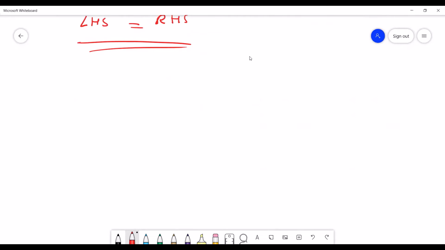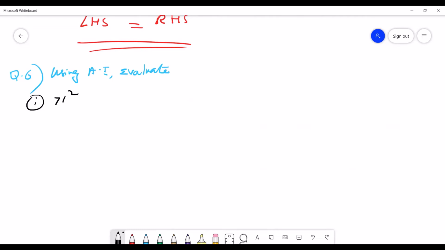Now in question number 6, let us consider the question number 6. Using algebraic identities, evaluate. First is 71 square. We have to apply some identity, then we have to evaluate it.